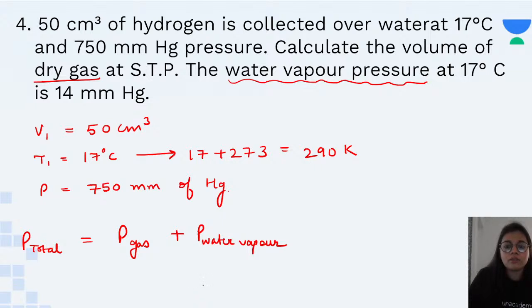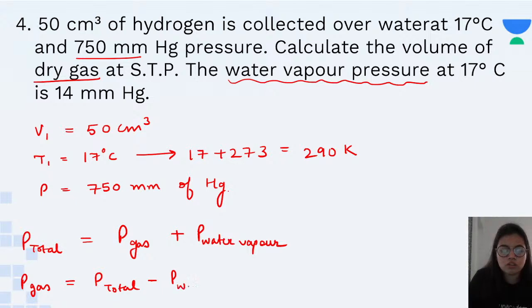This total pressure is given to us. So 750 is the total pressure and we have to take out the pressure of the gas. So the pressure of gas will be equal to total pressure minus pressure of water vapor.